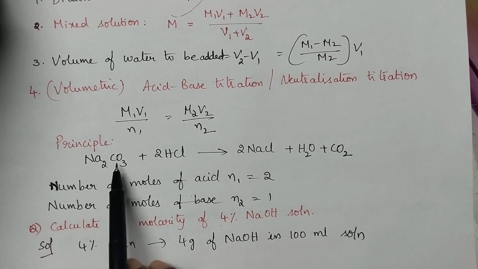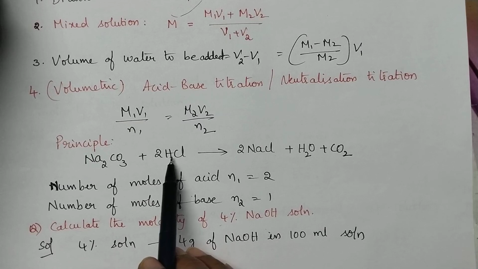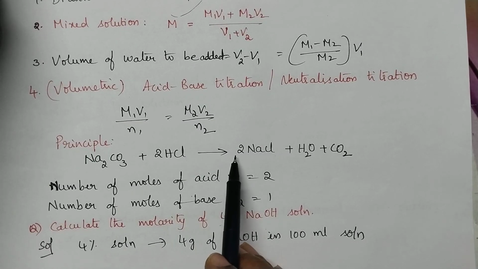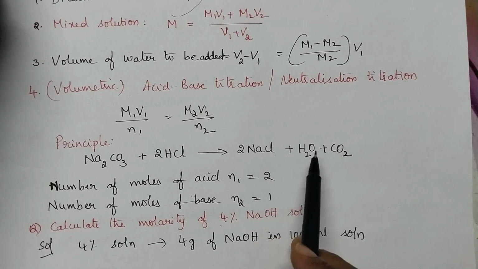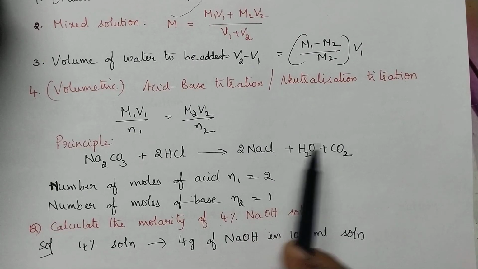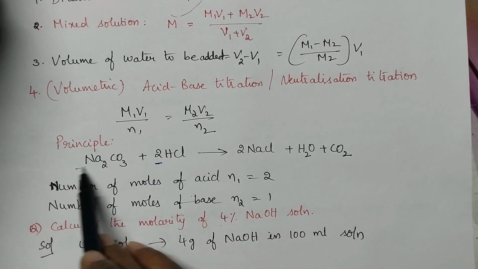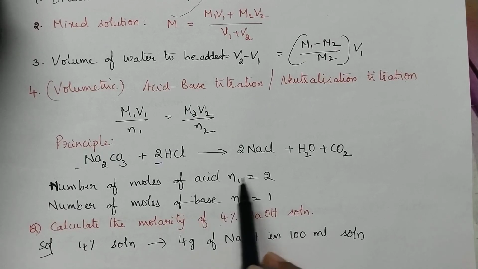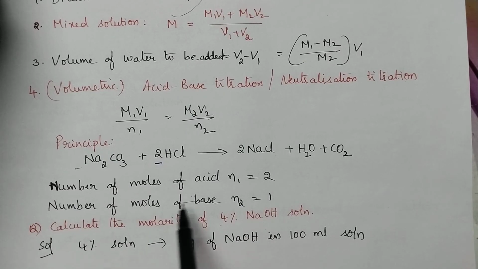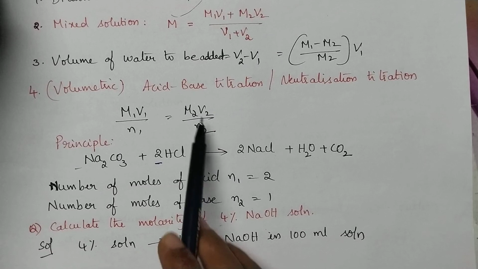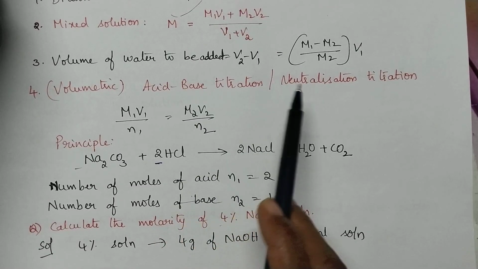For example, whenever sodium carbonate solution is titrated against HCl, sodium carbonate reacts with HCl and results in the formation of NaCl plus water plus carbon dioxide. Here, what is our concern? To know the number of moles. So the number of moles of acid N1 is equal to 2 and the number of moles of base N2 is equal to 1. Is it clear how to calculate N1 and N2 in the case of acid-base titration, students?